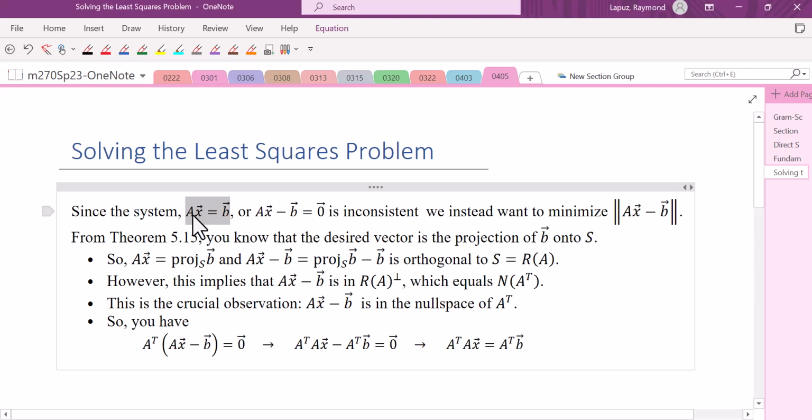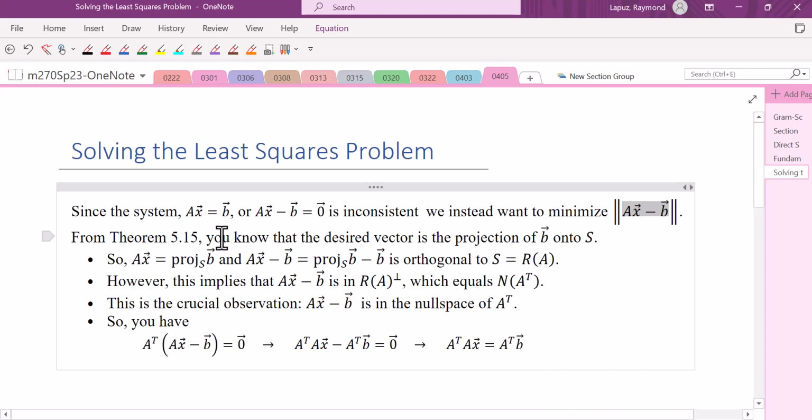So instead of dealing with AX equals B, we might be interested in minimizing the distance between the vector B and the vector that we get from A times X.